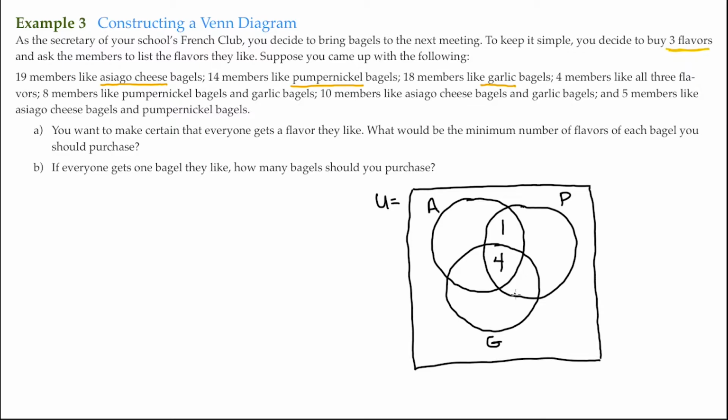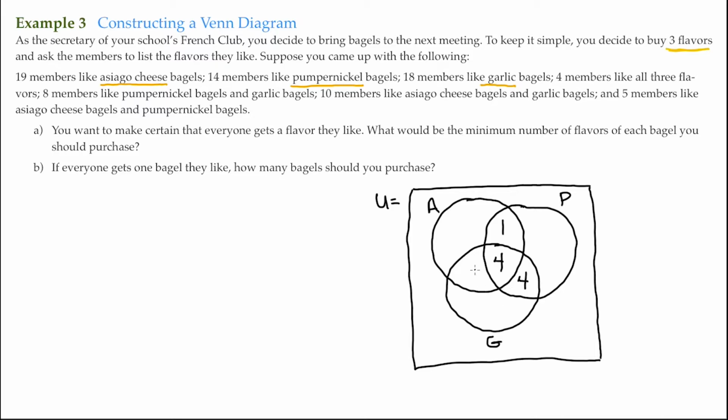We'll do the pumpernickel and the garlic bagels here. And it says right here, 8 members like pumpernickel bagels and garlic bagels. 4 of them are already accounted for. So I'm going to put 4 right here. And of course, there's our 8 that like pumpernickel and garlic.